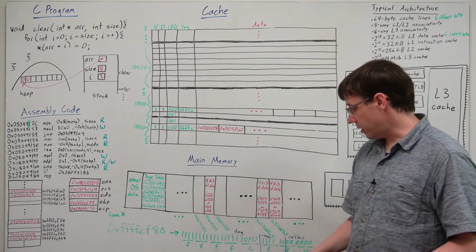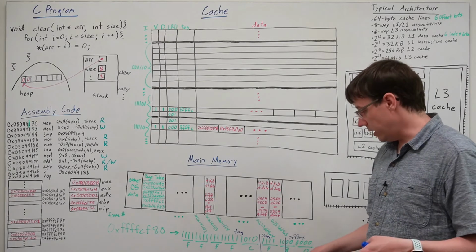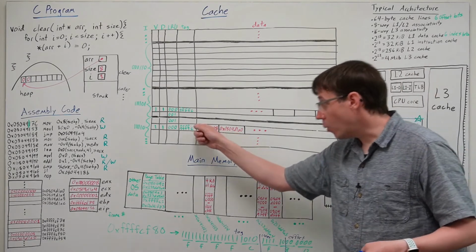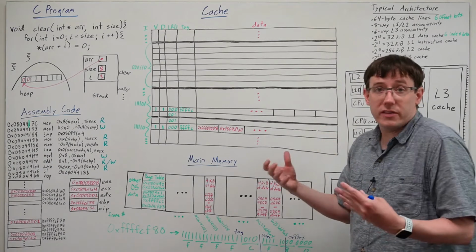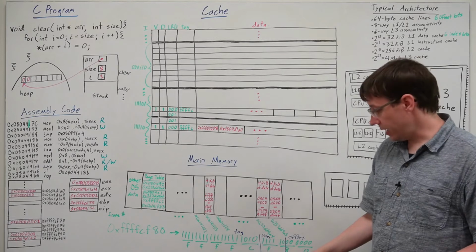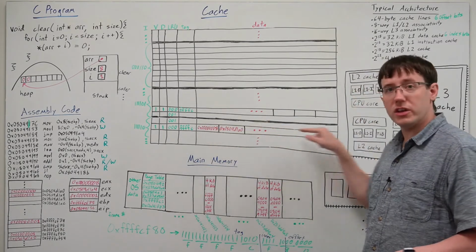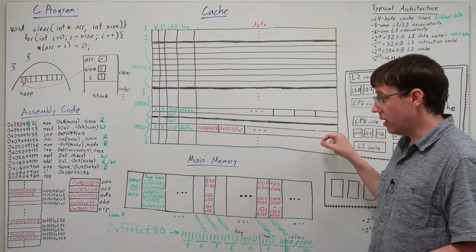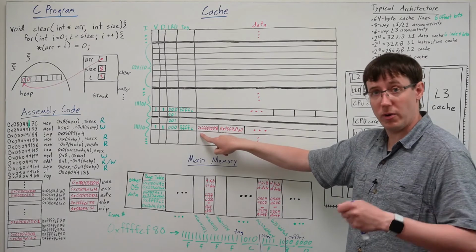Now that we've identified that the block of data we're looking for is in the cache, we can use the offset to determine where within these 64 bytes is the thing that we're actually trying to read. And since the offset is all zeros, that means that within these 64 bytes of data, the thing we're looking for starts at the 0th address.